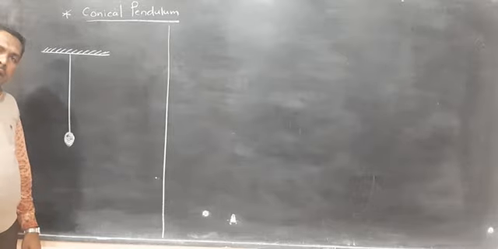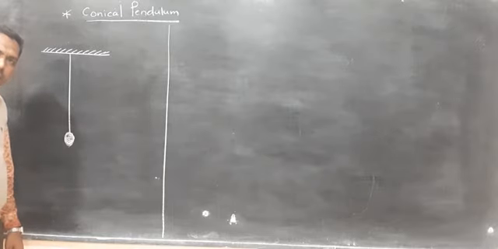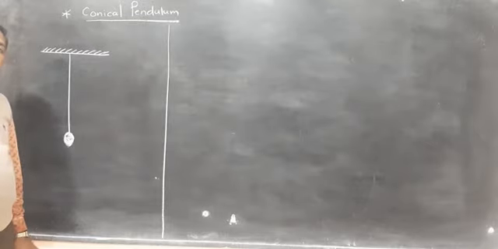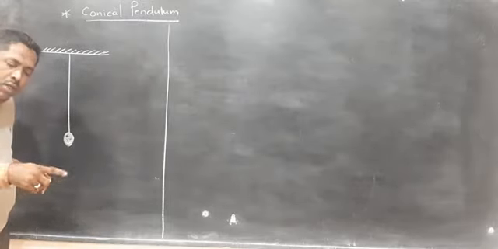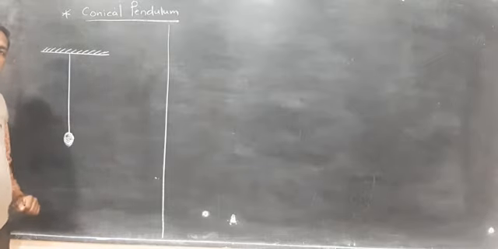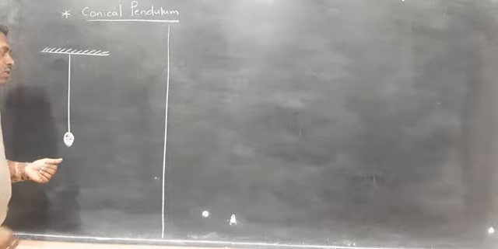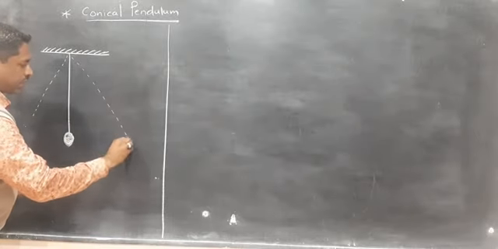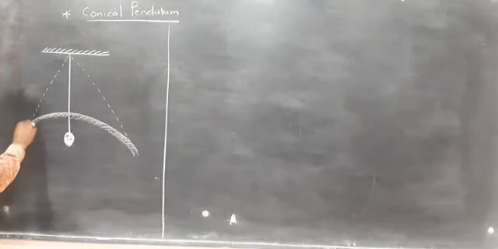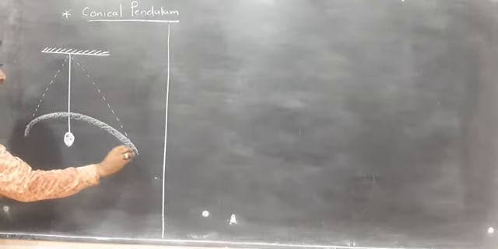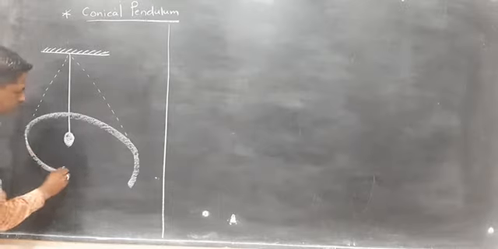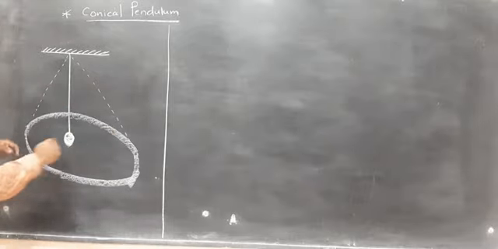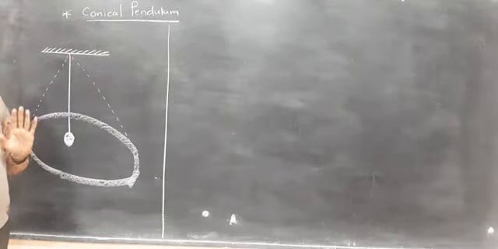Whenever we revolve the pendulum in a horizontal form, it is observed that at that time the pendulum describes a horizontal circular motion, whereas the string forms a cone-like structure.